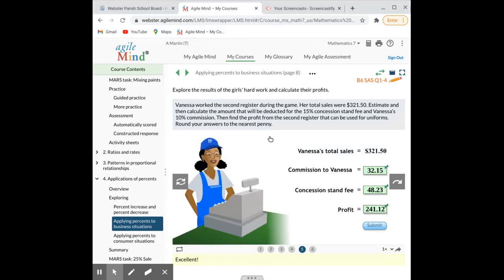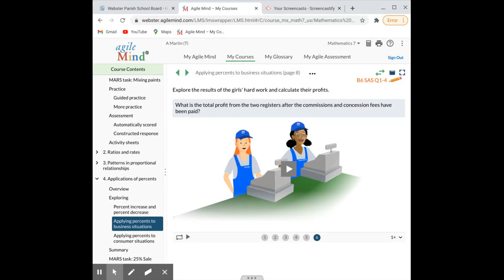Anybody have a question about that? All right. So now we know how much profit Vanessa had and how much profit Haley had. So it says, what is the total profit from the two registers after the commissions and the concession fees have been paid? So how would we find the total profit?